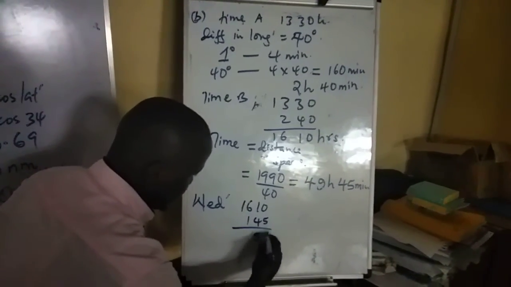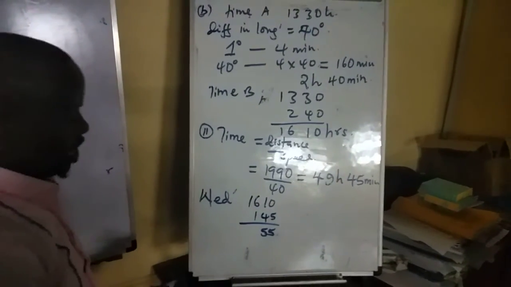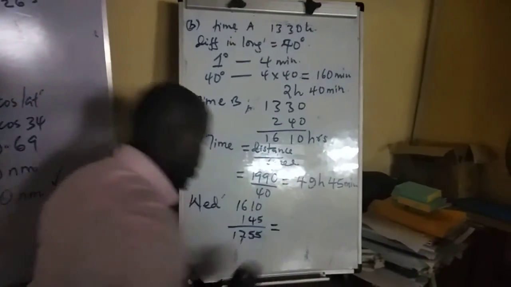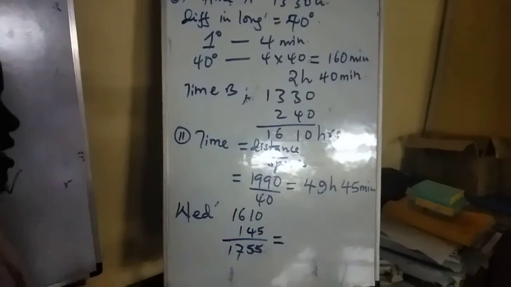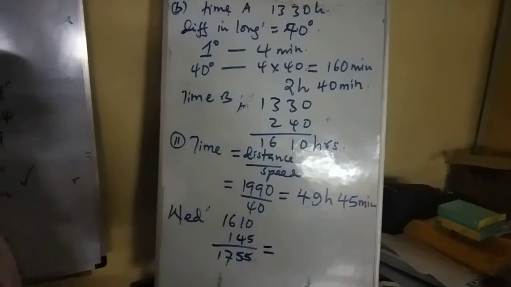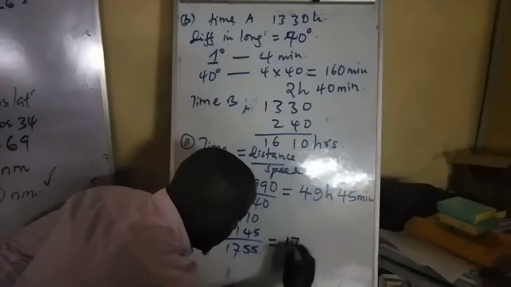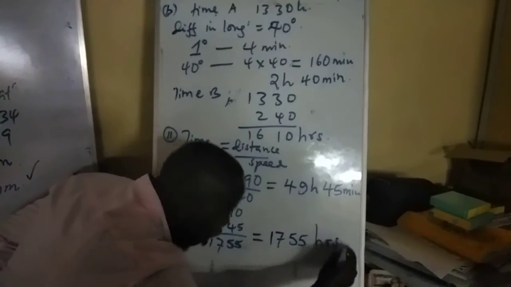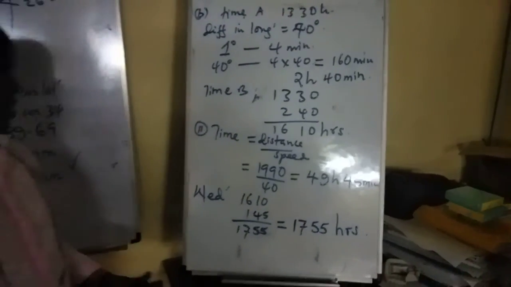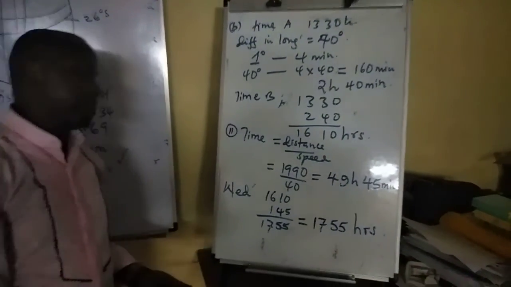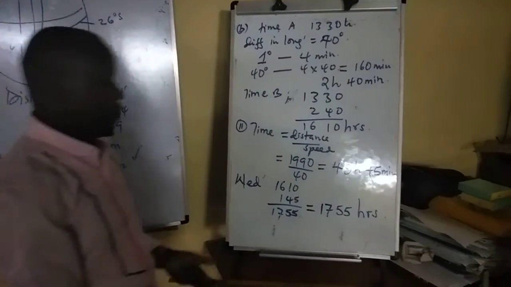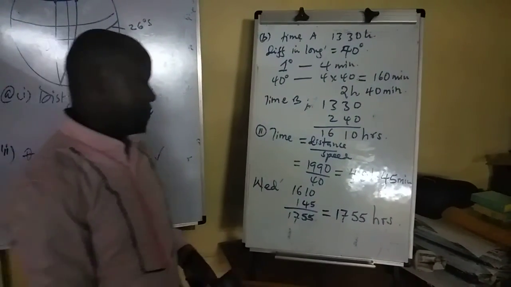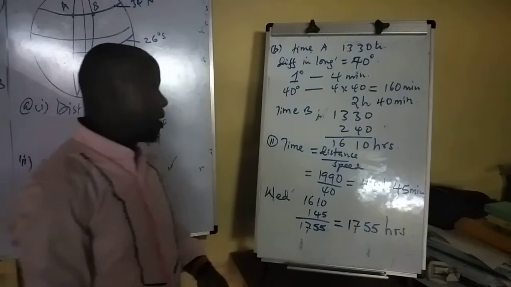This becomes 55 minutes, 17. Therefore, this ship arrives in this particular port called B at 17:55 hours, or 5:55 when you express it in the 12-hour clock system. It will be 5:55 p.m.